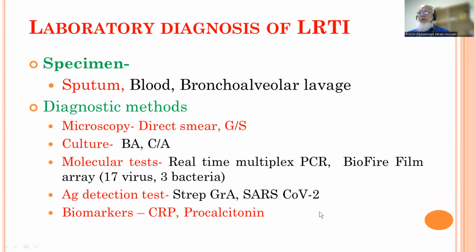General outline of laboratory diagnosis of lower respiratory tract infection: specimens include sputum, blood, bronchoalveolar lavage, and diagnostic methods include all the procedures starting from microscopy, culture, molecular tests, immunological tests, that is antigen detection, and biomarkers. The relative importance of these tests varies from syndrome to syndrome.